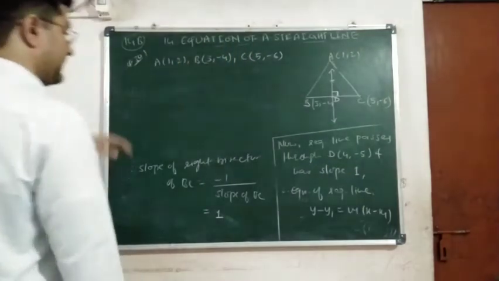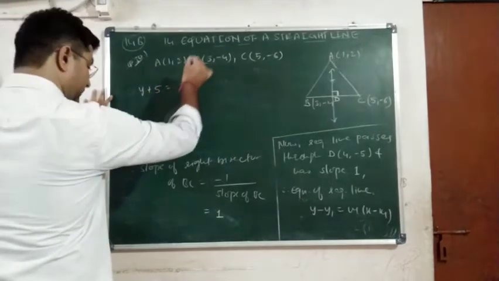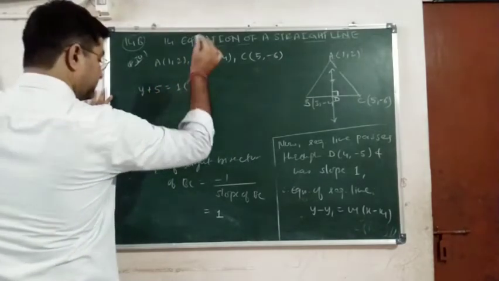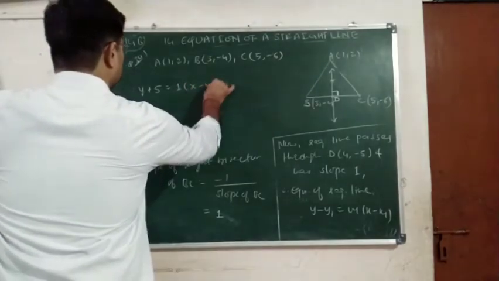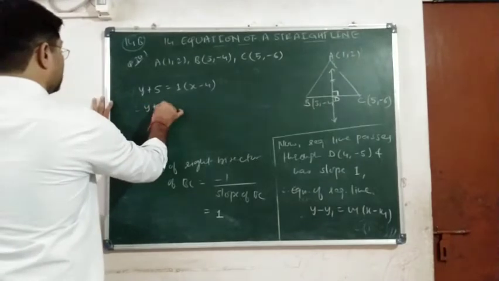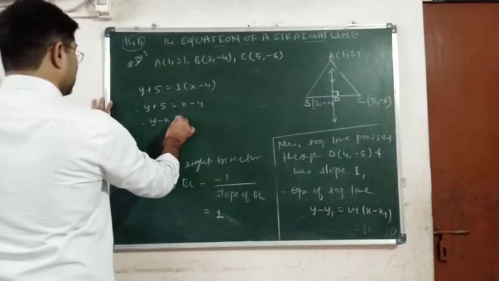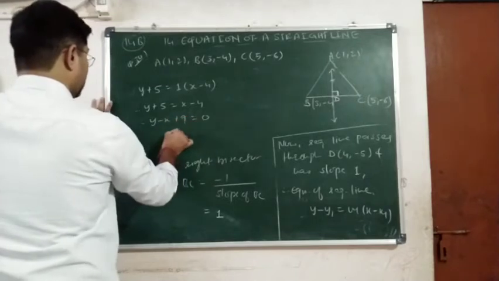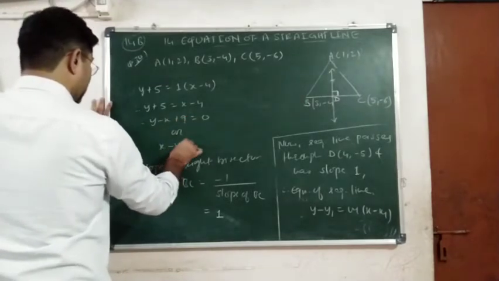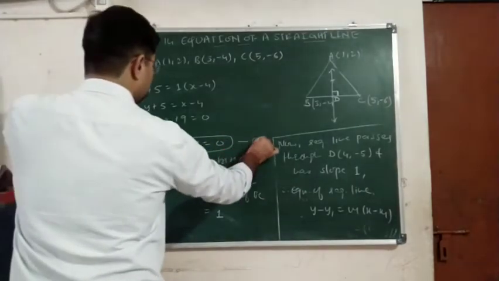So y minus (-5), that is y plus 5, is equal to 1 into (x minus 4). Therefore y minus x plus 9 is equal to 0, or x minus y minus 9 is equal to 0.